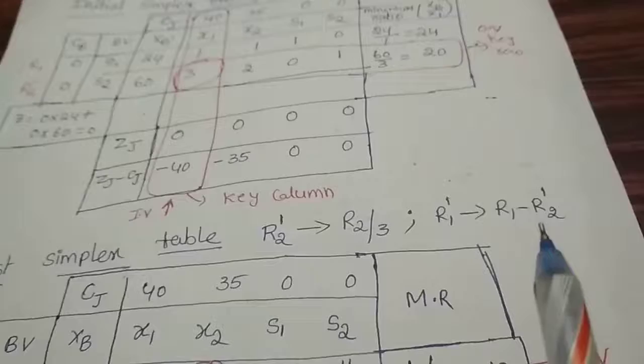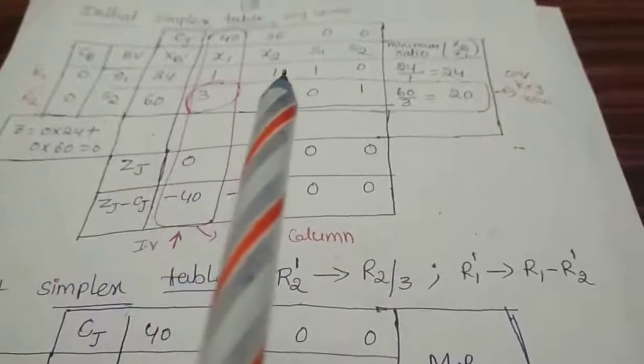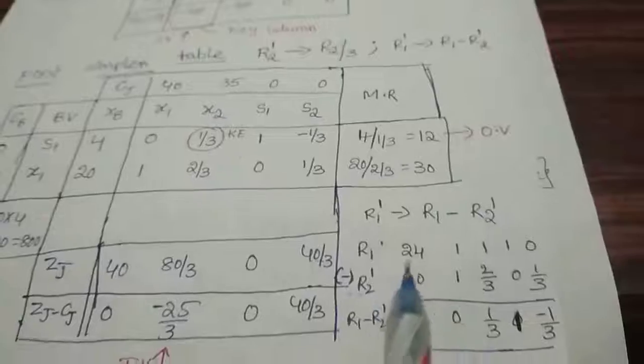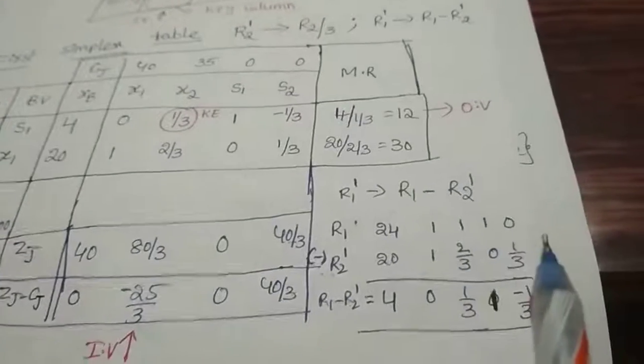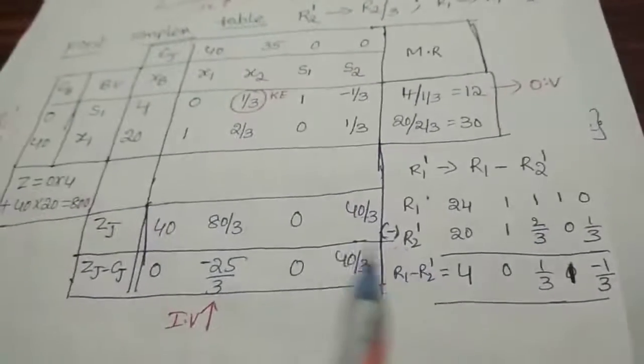Now apply the second row operation, that is r1 dash, r1 minus r2 dash. The r1 values are here 24 1 1 1 0. Next I consider r2 dash. These are the r2 dash values from xb to s2, that is 20 1 2 by 3 0 1 by 3.